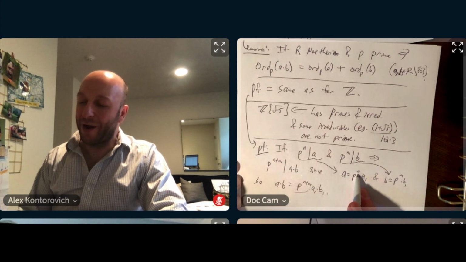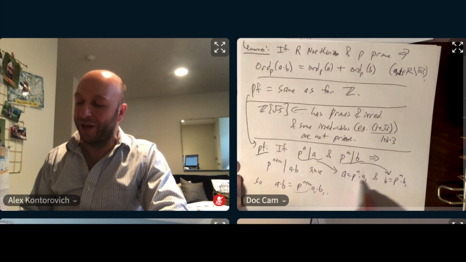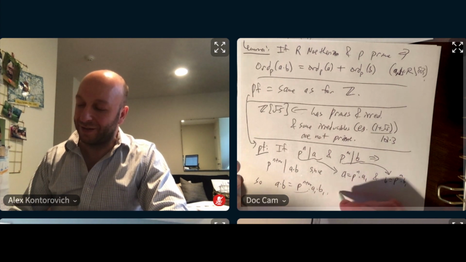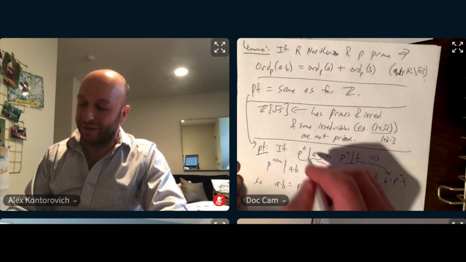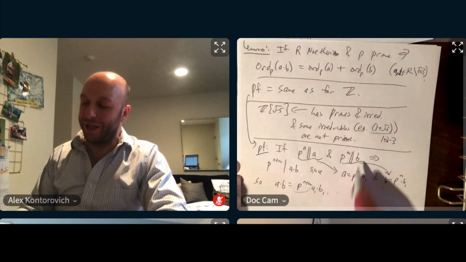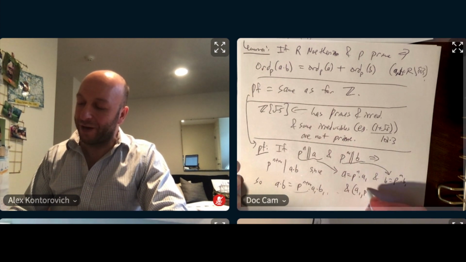If no higher power of p divides this, then a1 and p have GCD 1, and b1 and p have GCD 1. So if p to the n exactly divides a and p to the m exactly divides b, then the ideal generated by a1 and p is the whole ring, and the ideal generated by b1 and p is also the whole ring.